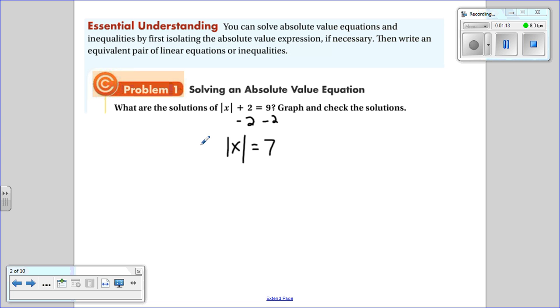Now, once we get to this point, we can remove the absolute value, but what we have to do is leave this 7 the same, and also give it the opposite value. So if this was -7, it would have been a no solution. So never mind about that part. So x is equal to 7, or x is equal to -7. It's both.